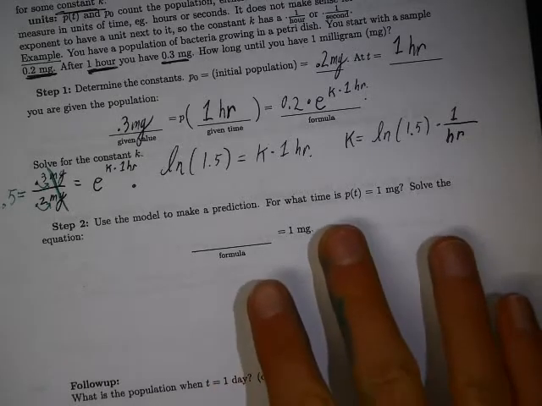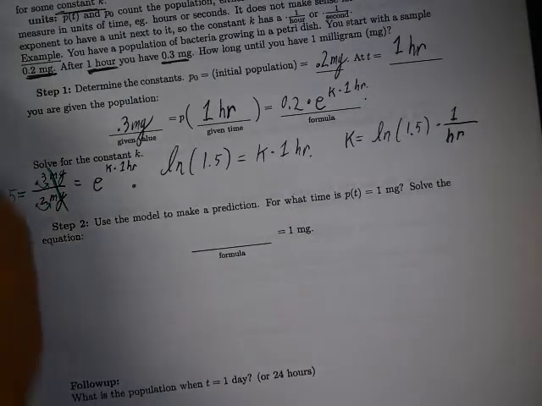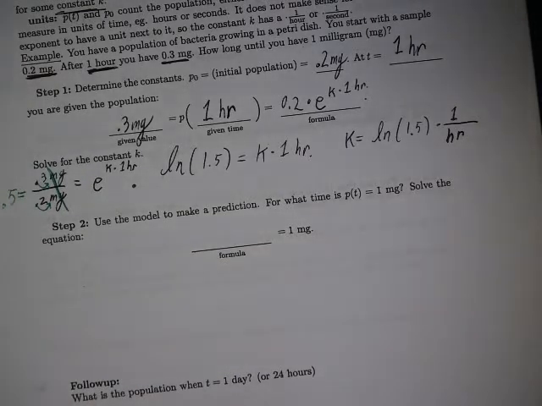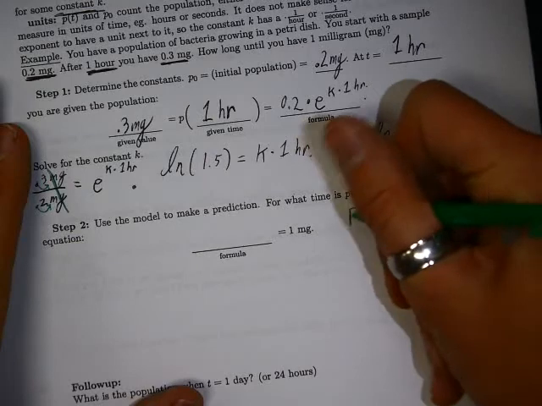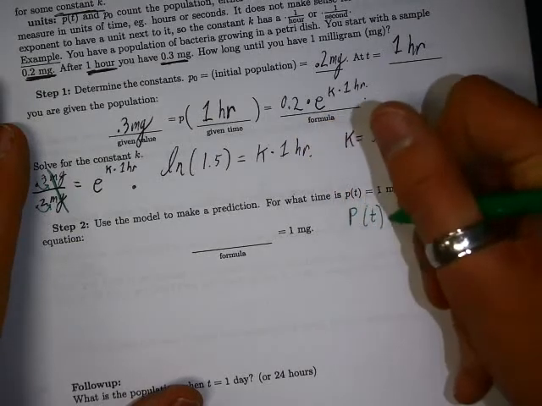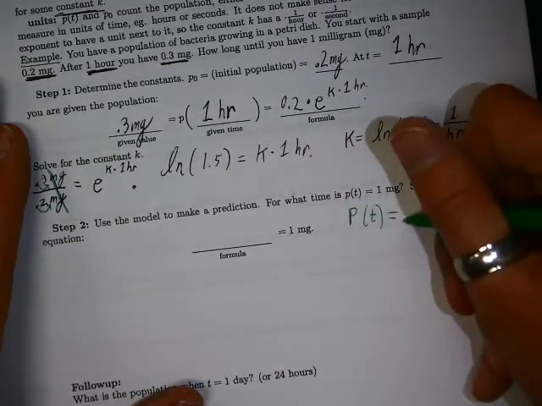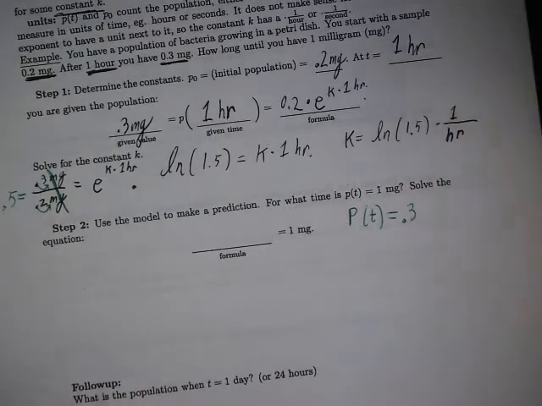So now I have everything I need to make a prediction, to write down a formula for P of t. This population is given by P0, 0.3, and now I think I will suppress the units. Just remember that the population is measured in milligrams, time is measured in hours.